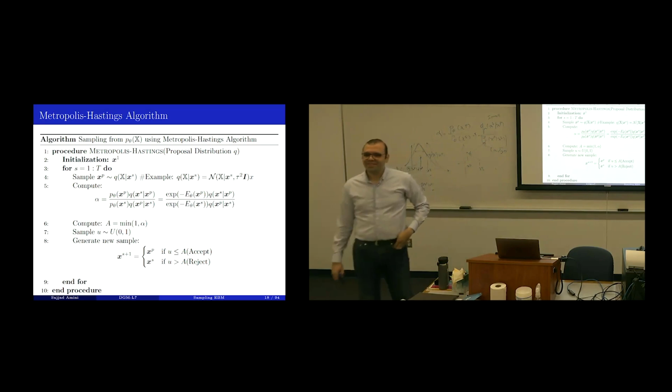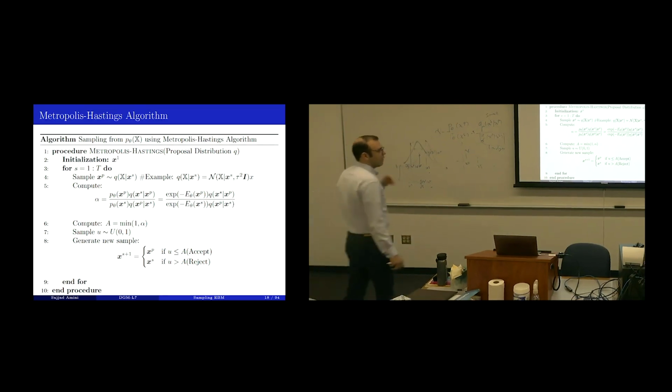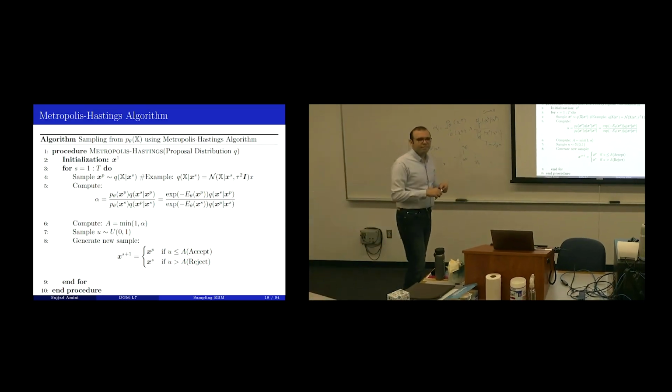Yes. Is there any assumption on Q? Yes, we'll talk about the assumption on Q. The most important assumption is it should cover all the possible values where your unnormalized distribution is non-zero. Otherwise, you cannot generate samples. Yeah. Any question? Yes.